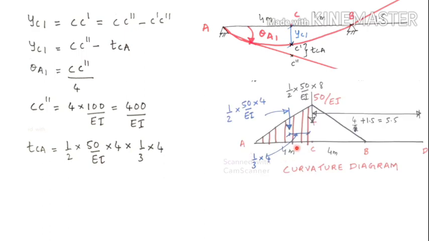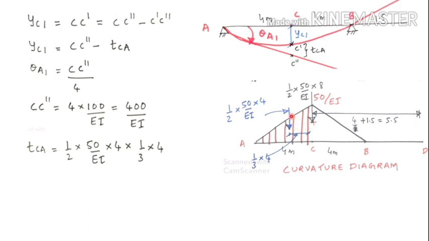Now we will see how we can find the value of TCA. We can find the value of TCA by using moment area method, theorem number 2, which states that TCA is equal to the moment of area of the M by EI diagram between A and C. So you have to look at the area between A and C, and find the moment of this area with respect to C. First you are required to define the total load of this area, which is half into 50 by EI into 4, acting at the centroid of this area, into perpendicular distance.